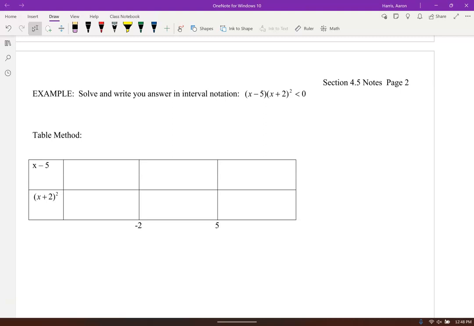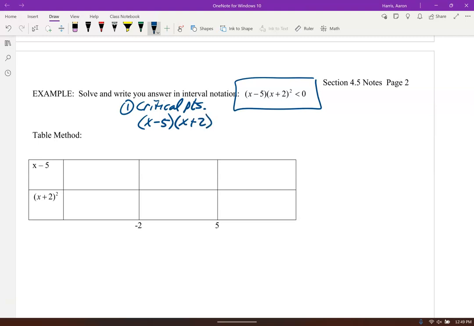When you're doing these things algebraically, they're asking for what x values this is true, right? The first thing you want to do is find what's called your critical points. Your critical points are your zeros and where it's undefined. I know it's asking us where this is less than 0, but let's first answer this question: where is it equal to 0?